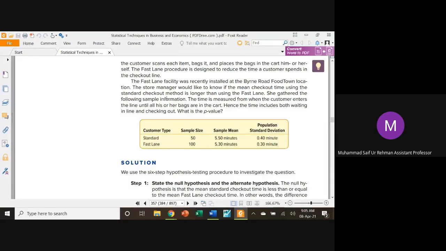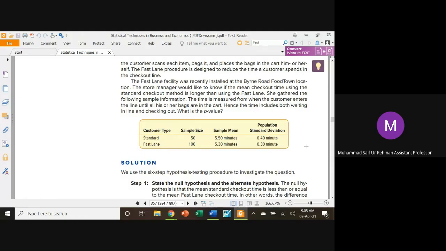She gathered the following sum. So this is the information. Hence, the time includes both waiting. So this all information was given, but you are going to answer this question. Would like to know if mean checkout time using the standard checkout method is longer than using the fast lane. So you will say yes, it is longer. Standard checkout method is taking more time as compared to fast lane.